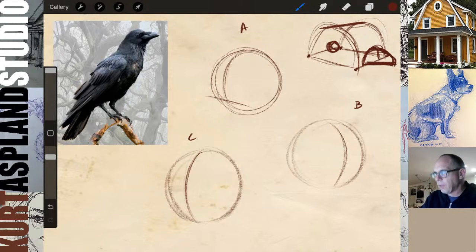So this will be the kind of the bottom part of the beak in A. And that will be the bottom part of the beak in B. And here's the bottom part of the beak in C. Okay, so that's the direction of A. That's kind of the direction of B. And there's C.